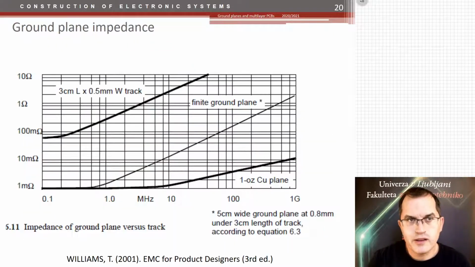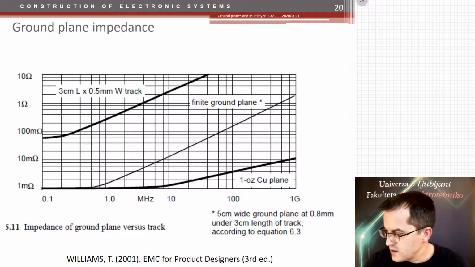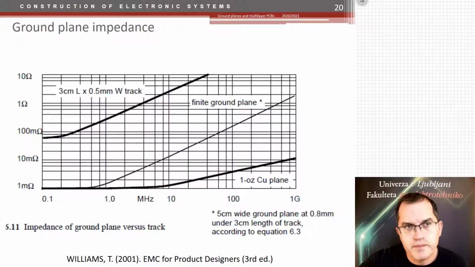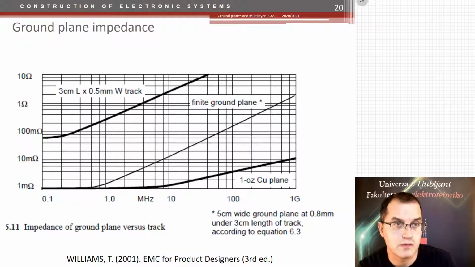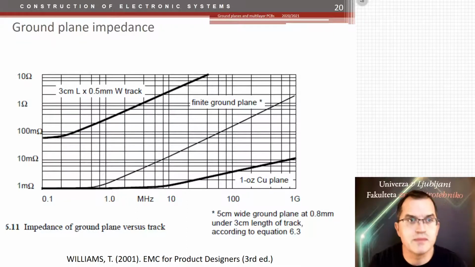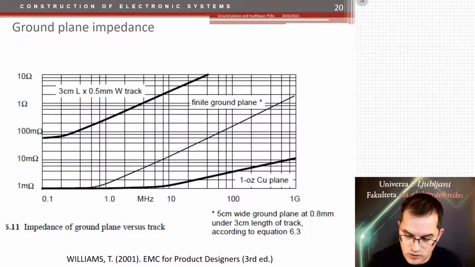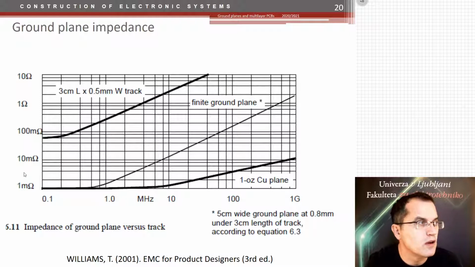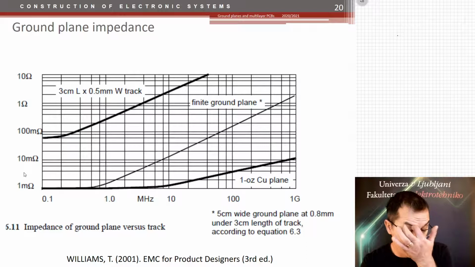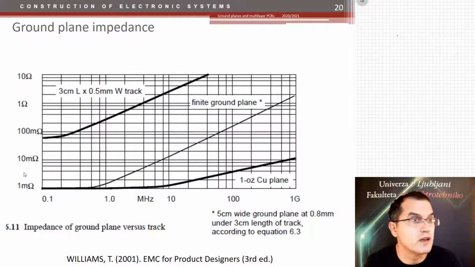Another good point of the ground plane is also the impedance of the plane itself, because what I want with ground planes is to minimize the voltage drops due to currents, because that would cause me so-called voltage generated common mode noise. For example, I just would like to show here.